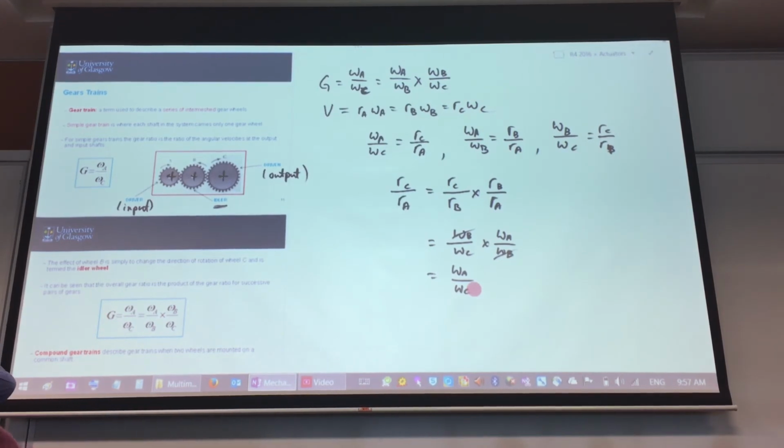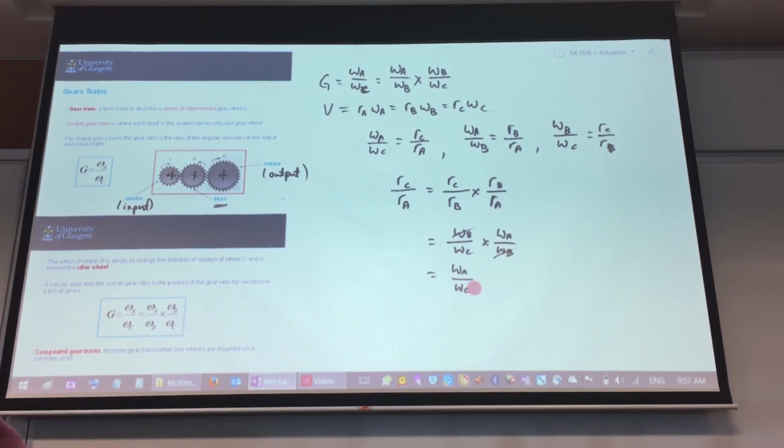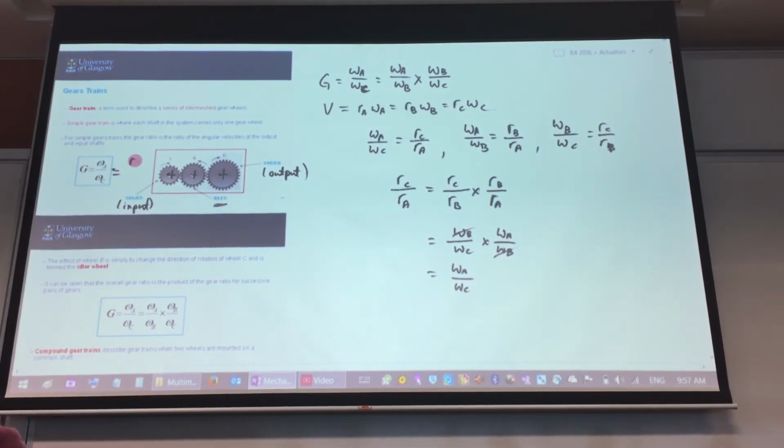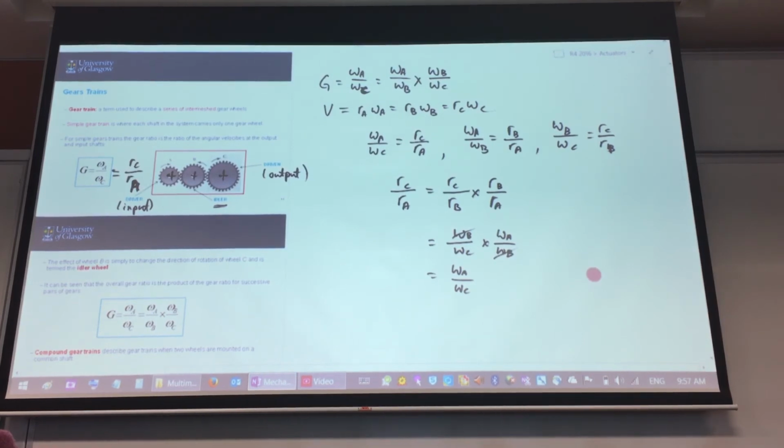Yeah? So if you want to remember it in that way, you can do that. So this thing is also equal to R C over R A.